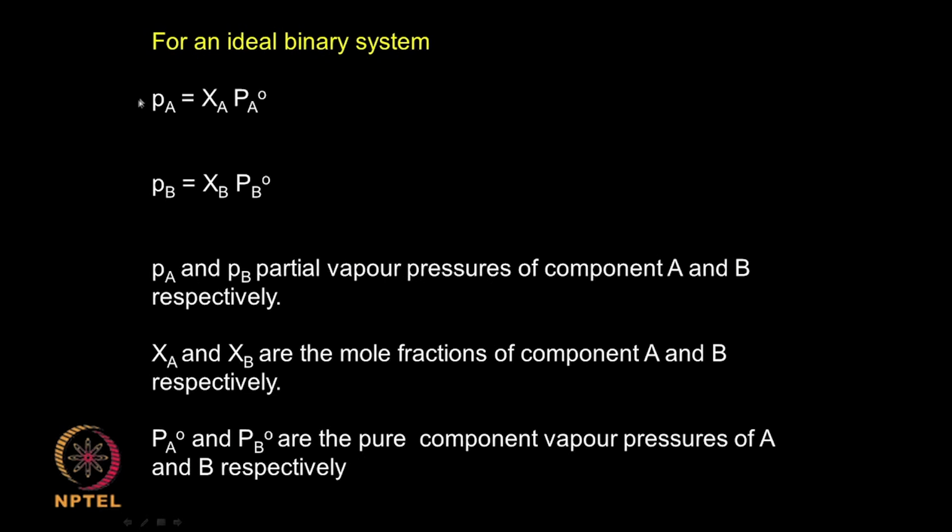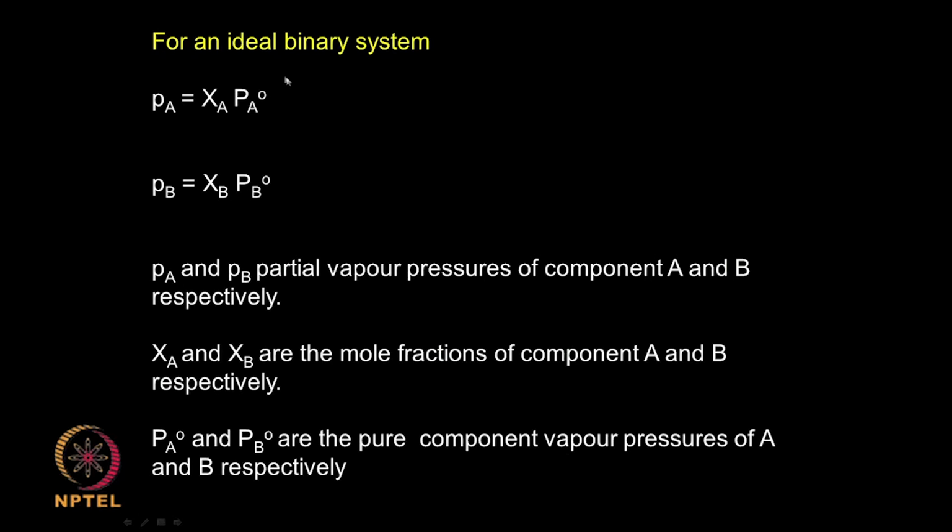So, Raoult's law is: partial pressure Pa of A is equal to Xa, the mole fraction of component A, multiplied by Pa naught, that is the pure component vapor pressure of A. So, we can have Pb is equal to Xb Pb naught. Okay. So, if there are only two species, then Pa plus Pb will be equal to the total pressure, and Xa plus Xb will be equal to 1, because it is mole fraction and there are two species.